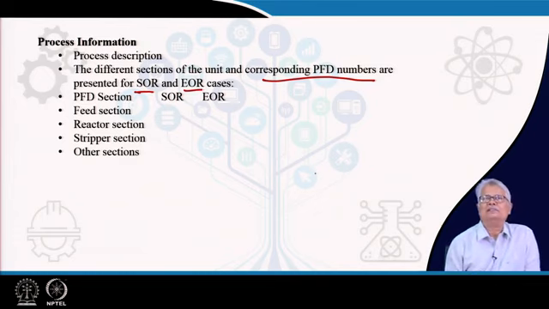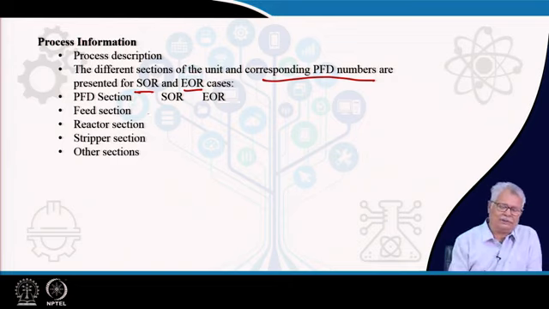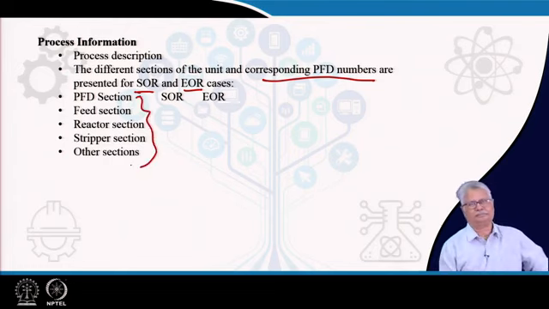Why? The reason is very simple. During start of run and end of run, your catalytic activities are different, so will be your yields. You may be having the same product quality, but their yields possibly will be different. So, you have sections which will be detailed this way.